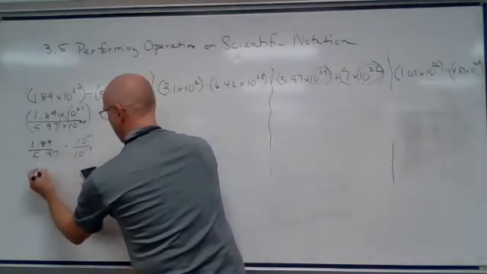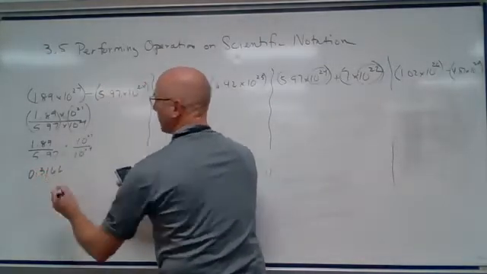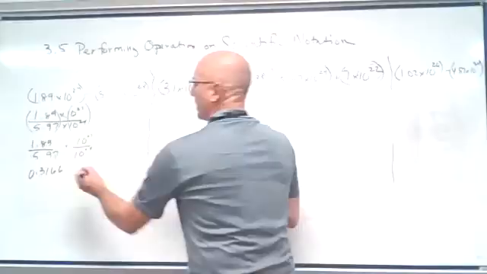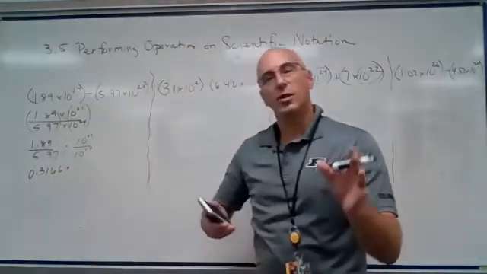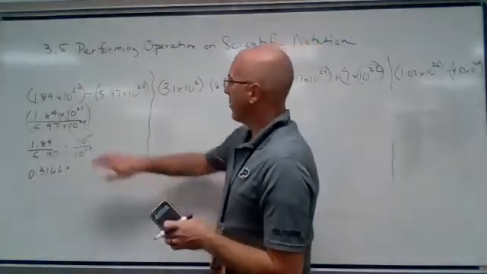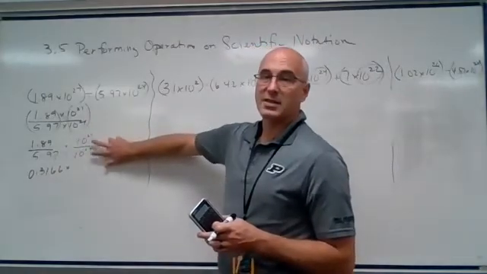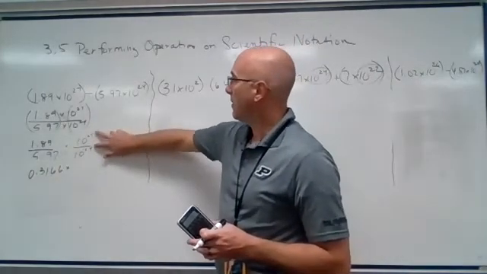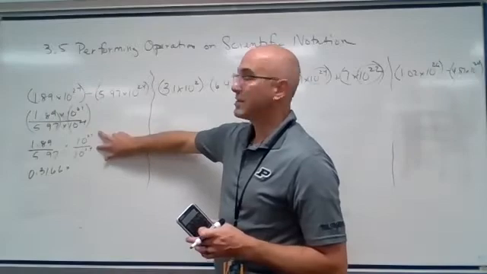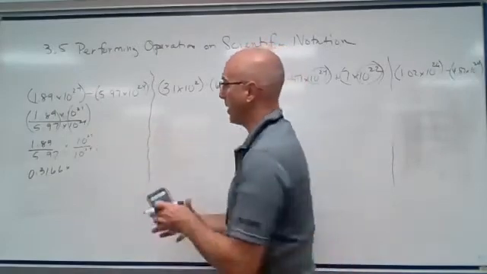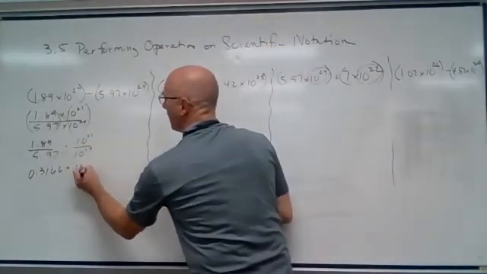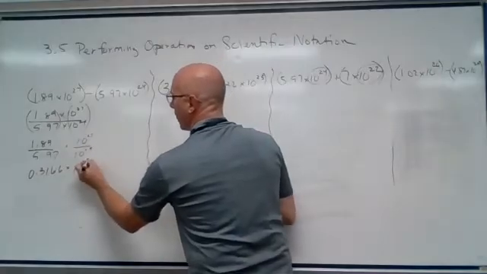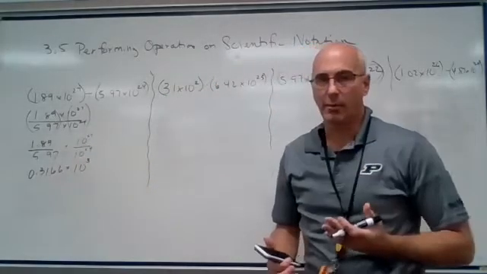So I have 0.316 rounding it with the 6. Now, what we learned with the properties is that when we divide numbers that have the same base raised to exponents, we subtract the exponents and keep the base. So 10 to the 27 minus 24 is the 3rd power.